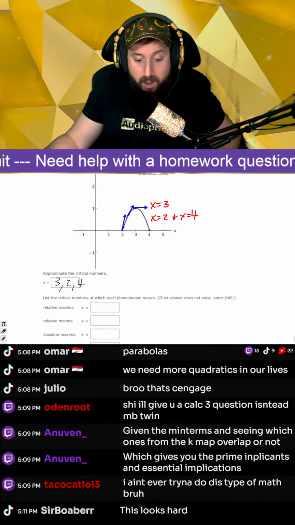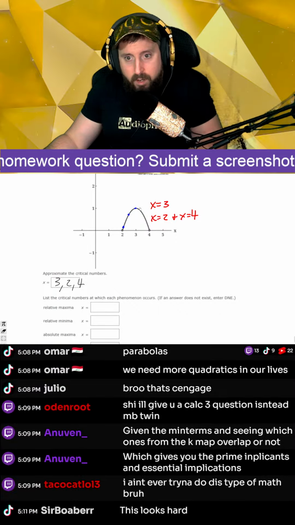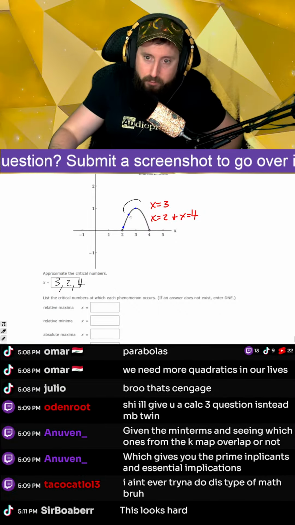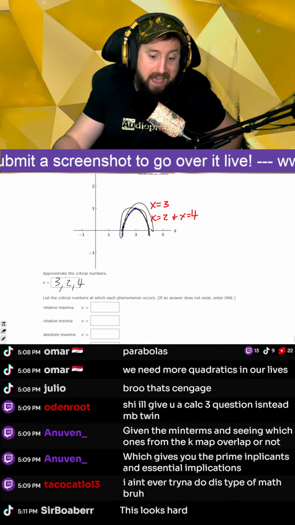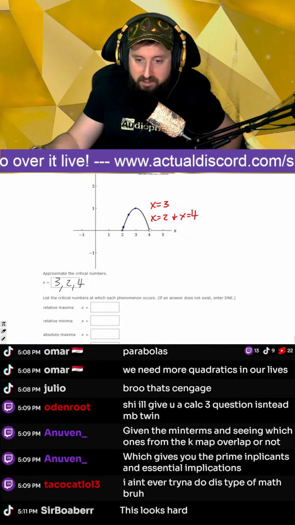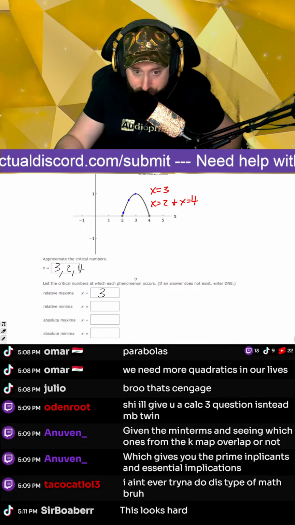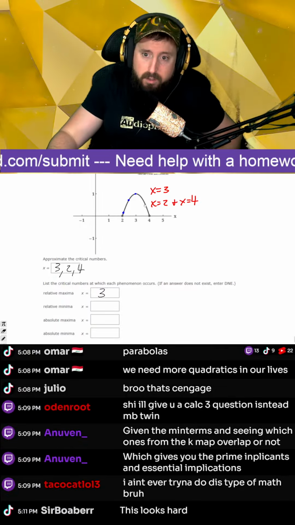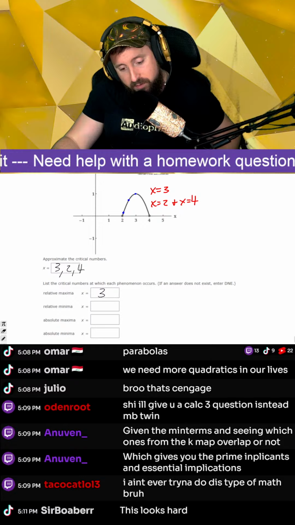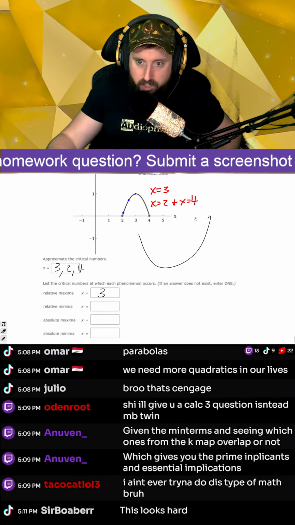describe what phenomena is happening at the critical numbers, okay? So at x equals 3, you definitely have a max, right? And if you don't know whether it's the biggest max yet, you can always say it's a relative max. So I would say, cool, there's a relative max at 3. You don't really have any relative minima, because relative minima occur when you have a U shape.